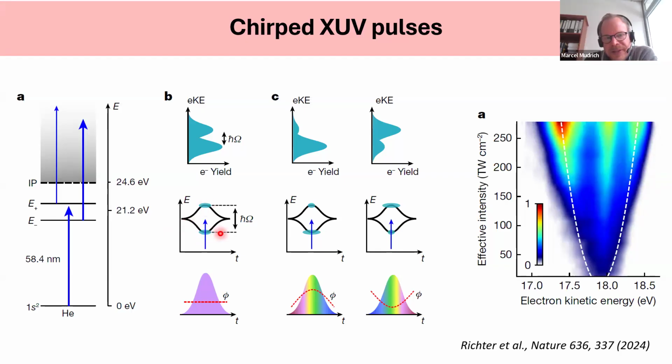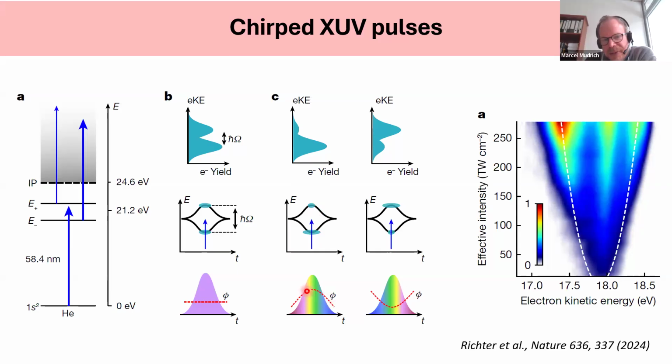Yeah, so you can see that's the schematic representation, that over time, as the pulse gets intense at the center, then the energy level gets split up into this Autler-Townes doublet. And the point of doing this experiment with chirped pulses is that you can actually control the population in the excitation process through the chirp.